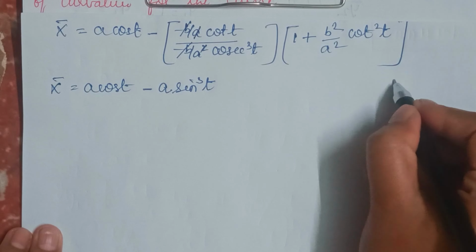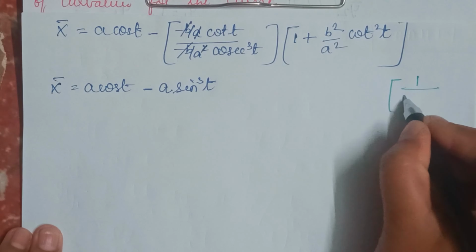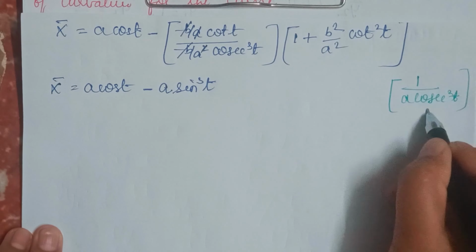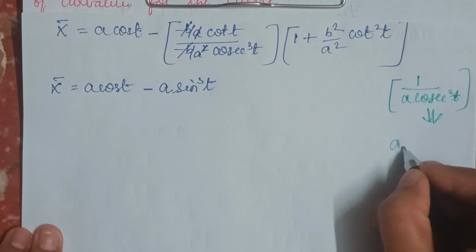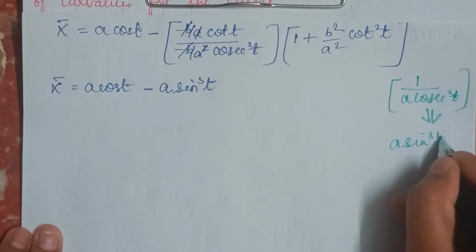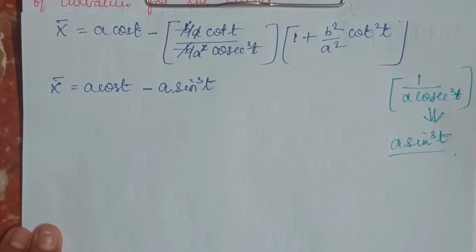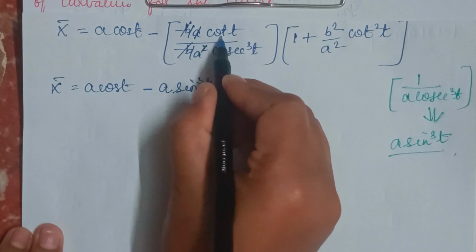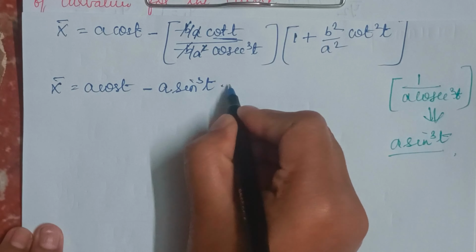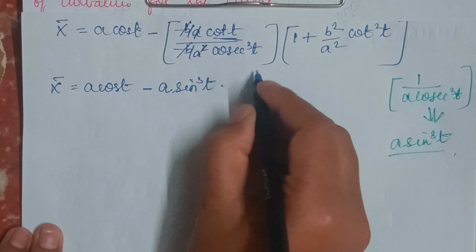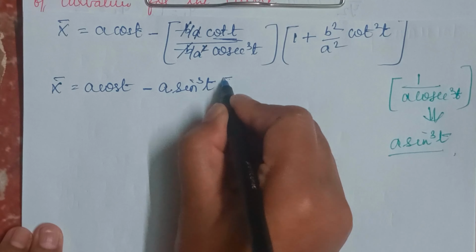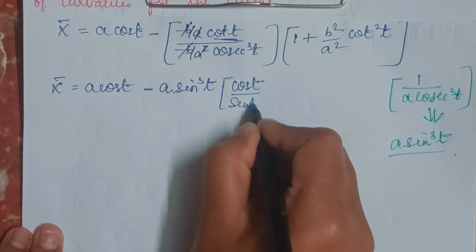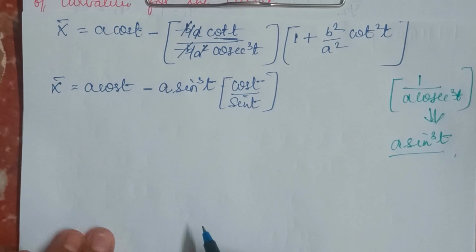What I have done is 1 by a cosecant cube t, I have written as a sine cube t, okay? So a sine cube t into, I have cot t here. So cot t can be written as cos t divided by sine t, correct?